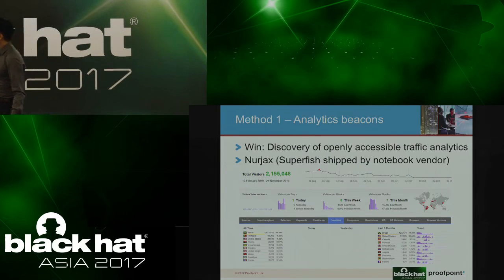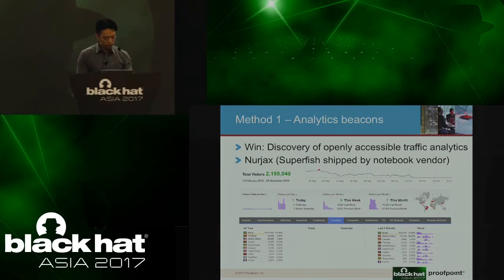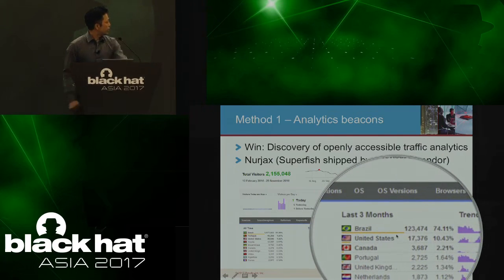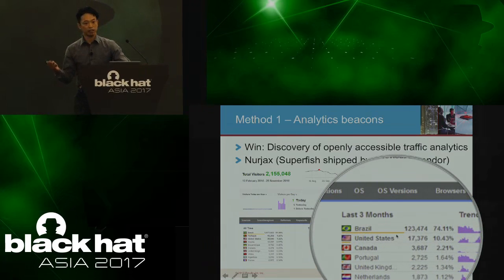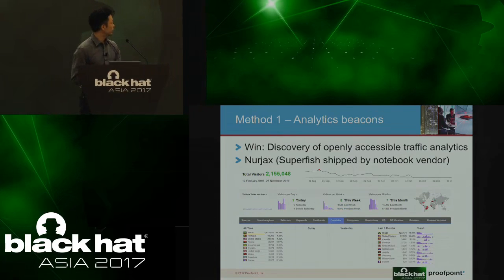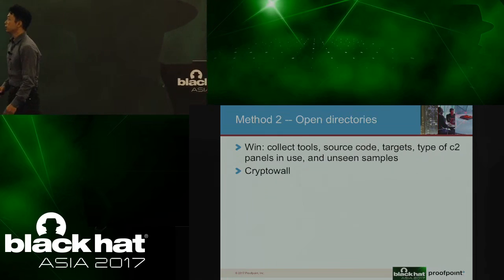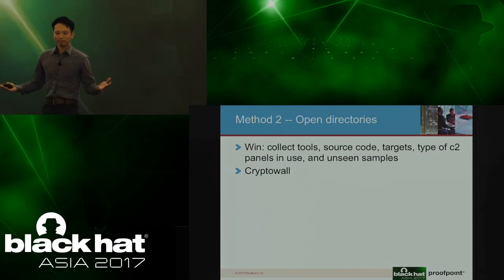From the analytics page, which is openly available, we learned that they're actually targeting mostly Brazil out of everything else, and we started our intel collection from that perspective. Okay, so beacon analytics.